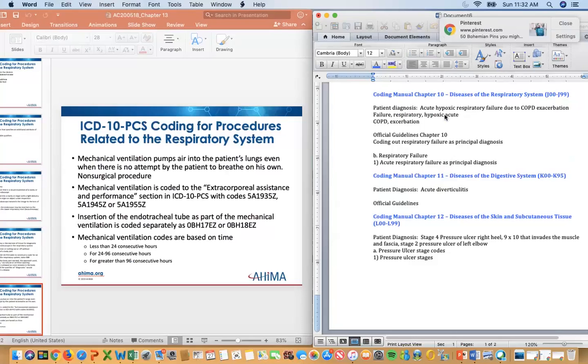Okay, so let's try obstructive. And you may have a different method of madness. So we have obstructive, and we have airway, which is a J98, and that is what we're looking at.